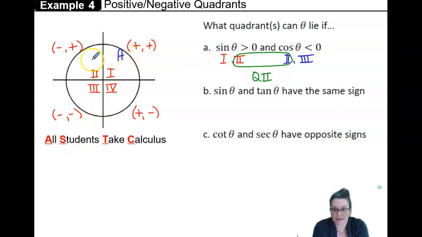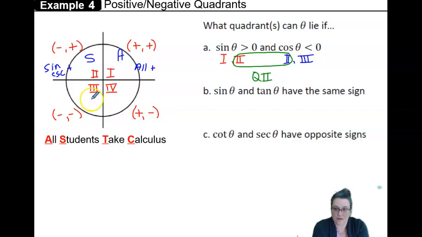The S is in quadrant 2, and S tells you that the sine and its reciprocal, cosecant, are positive in quadrant 2. Everything else is negative.